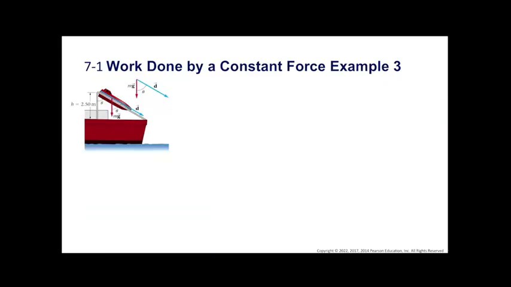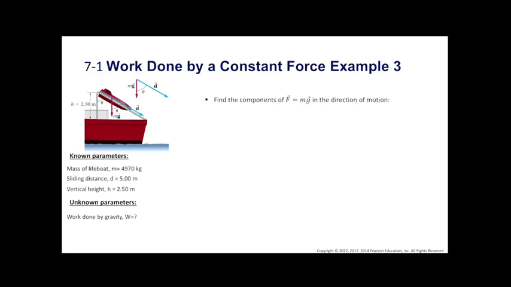Now, let's solve the problem. So, these are the known parameters: the mass of the lifeboat, sliding distance, and the vertical height. And we need to find the work done by gravity, which is mg. Now, first we need to find the force component in the direction of displacement, which is F cosine theta, and in this case F is simply mg. So, we know that force is equal to mg, and we found that cos theta is equal to h over d.